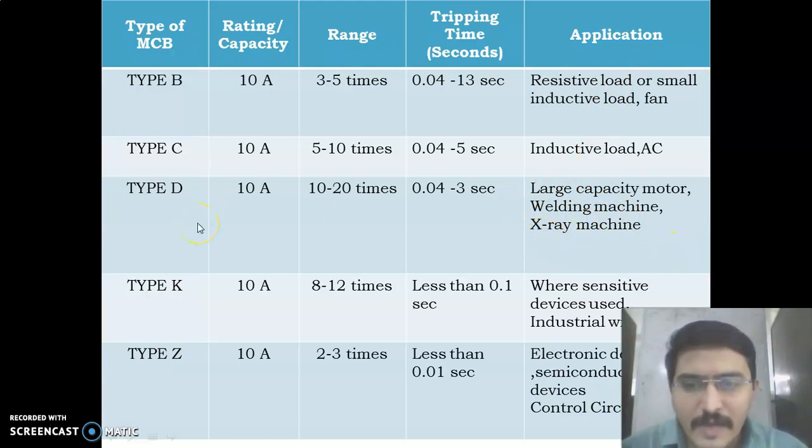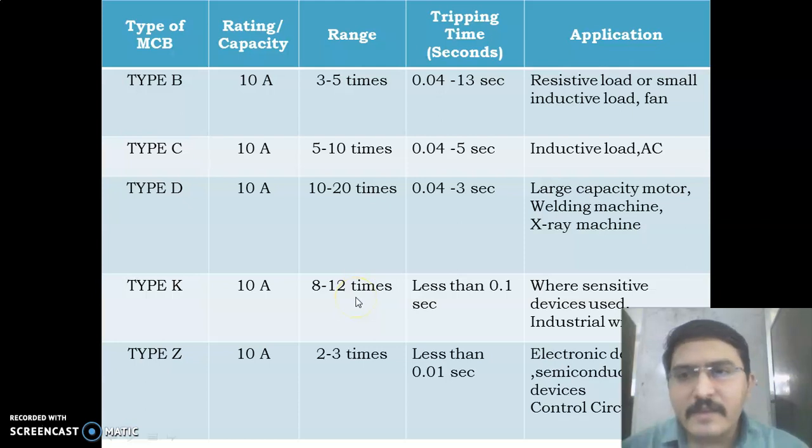Then we have the type K MCBs having a rating of 10 ampere, which range from 8 to 12 times their capacity. The tripping time is less than 0.1 second. Type K is used for sensitive devices and some industrial wiring.